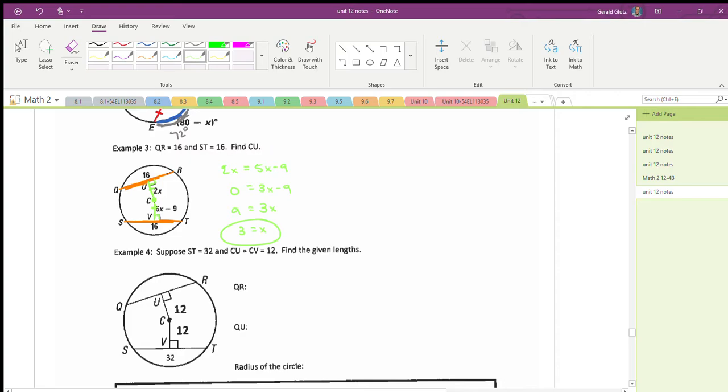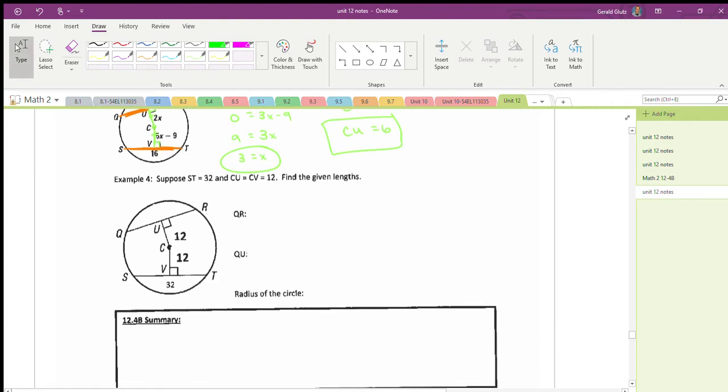But hold on, don't stop there, because they did not ask us to solve for x. We had to do it, but we are not done. So CU is 2x over here. So CU equals 2x, but x is 3, so CU has to equal 2 times 3, so CU is 6.